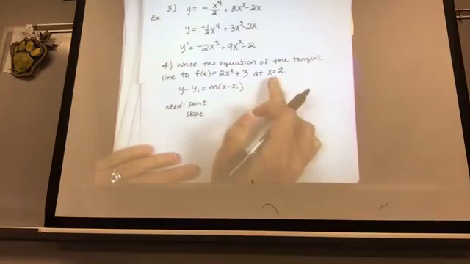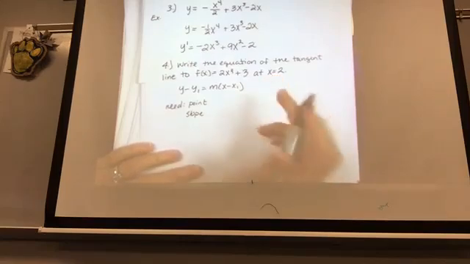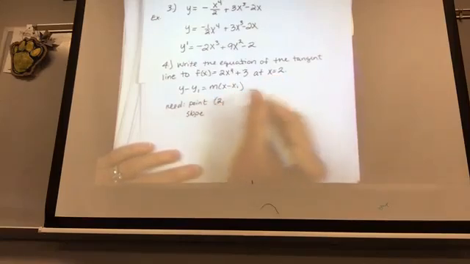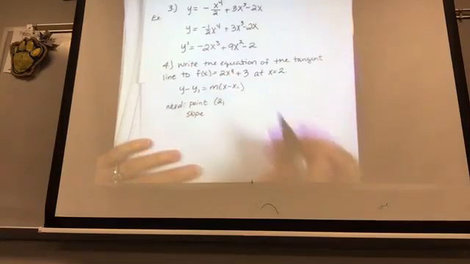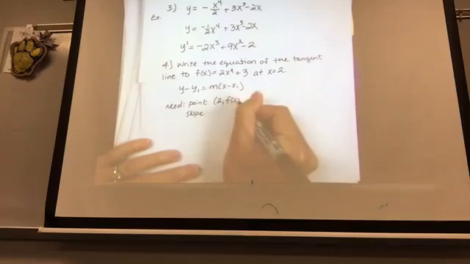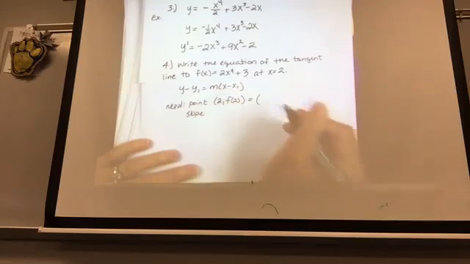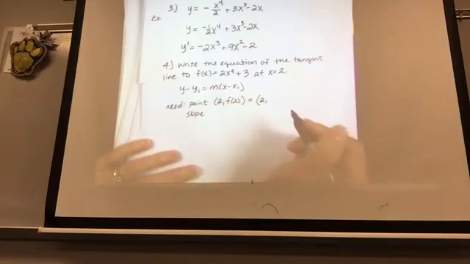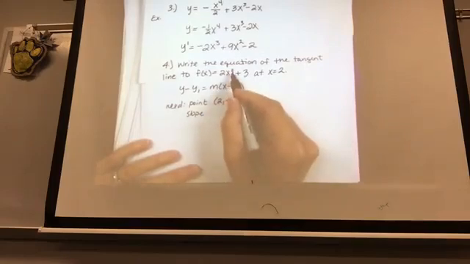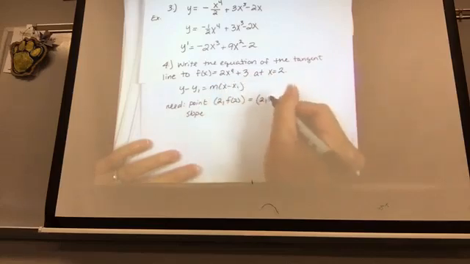They gave me the x value of my point. It's at 2. So if I plug 2 into my equation, what is f of 2? 2 to the 4th is 16, times 2 is 32, plus 3 is 35.